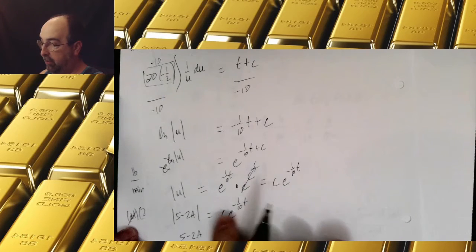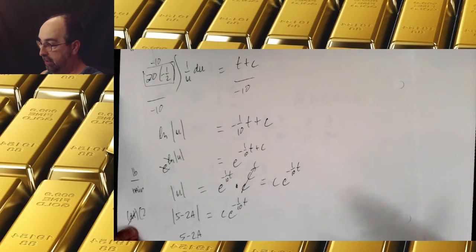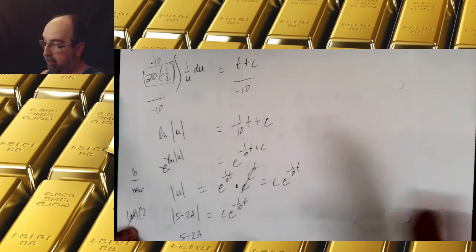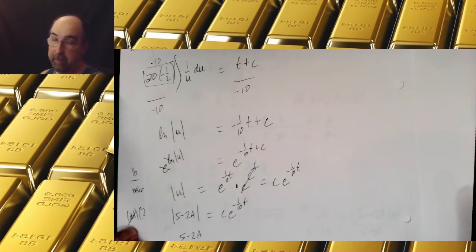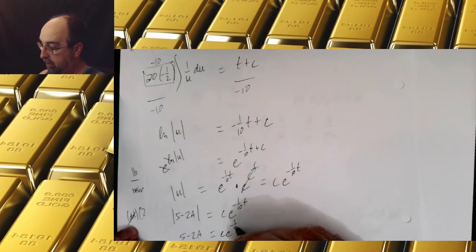It turns out that you can make this side always be positive if you have a positive constant here for c, because e to the power is always positive. It's never negative or even 0. So we don't have to worry about those absolute values now. And what we'll have is 5 minus 2a is equal to c e to the negative 1/10 t.